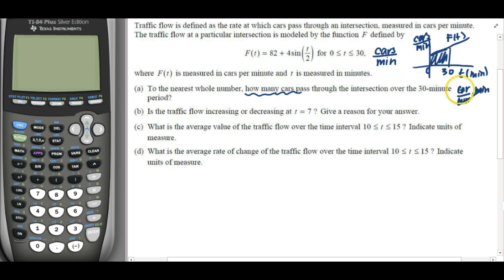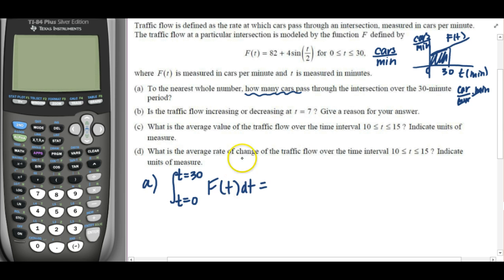So understanding the units is really going to help us evaluate this first part of the problem. So part A, I'm going to have to set up the integral from t equals 0 to t equals 30. So I wanted to know how many cars pass through over the 30-minute period. So starting at time 0, ending at time 30, of the function f of t dt.